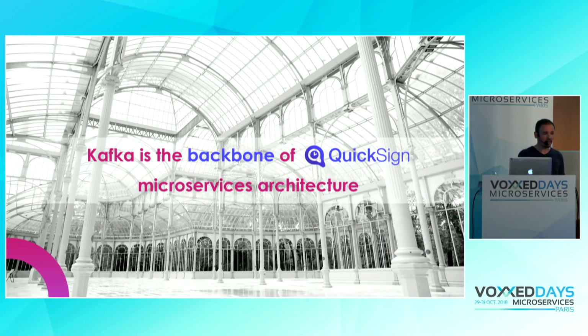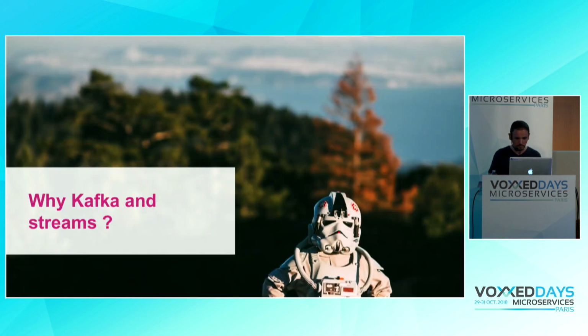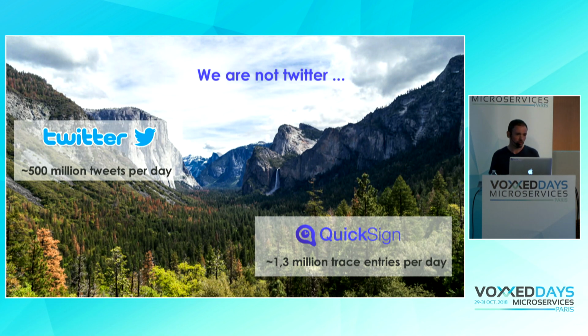Well, BPMN is the heart of our architecture, and Kafka is the backbone of our microservices architecture. Everything on our platform goes through Kafka. Why such a choice, Kafka and Streams? I mean, we are not Twitter. Twitter handles 500 million tweets per day. That's gigantic.